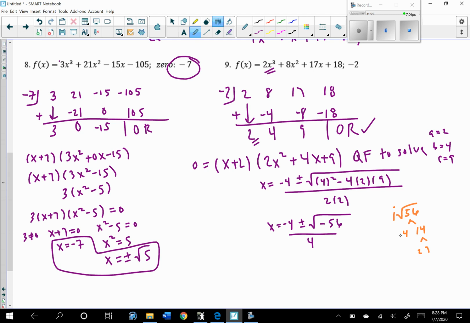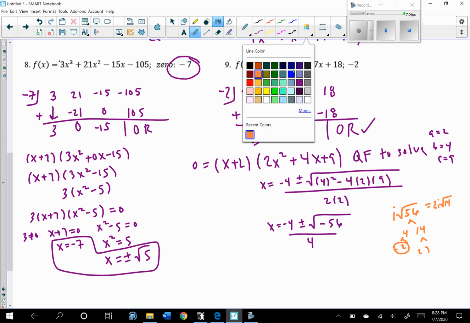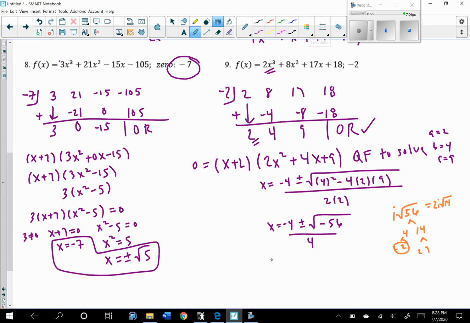2 and 7, this breaks down into 2 and 2. So we're looking for groups of 2. This can go out, this doesn't make a group of 2, so we leave 14 underneath. So 2i root 14. So this is x equals negative 4 plus or minus 2i square root of 14 all over 4.